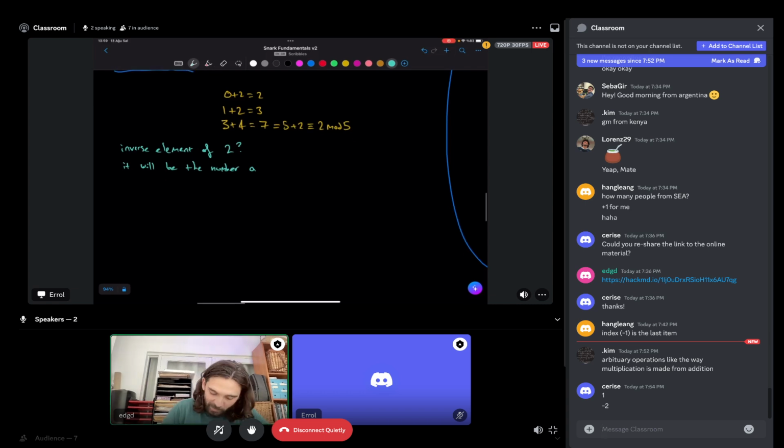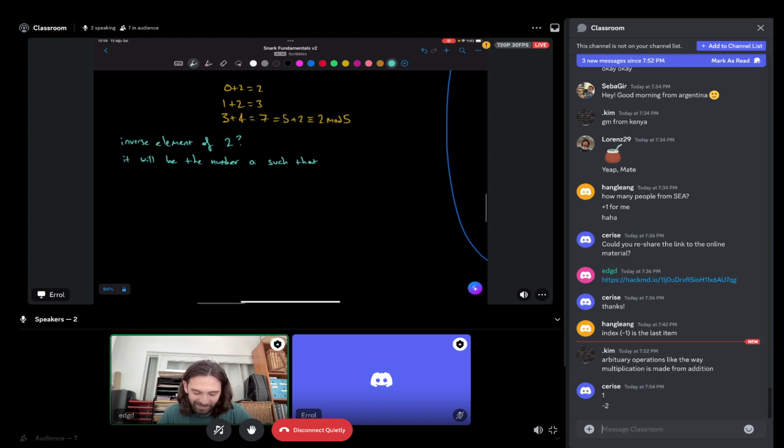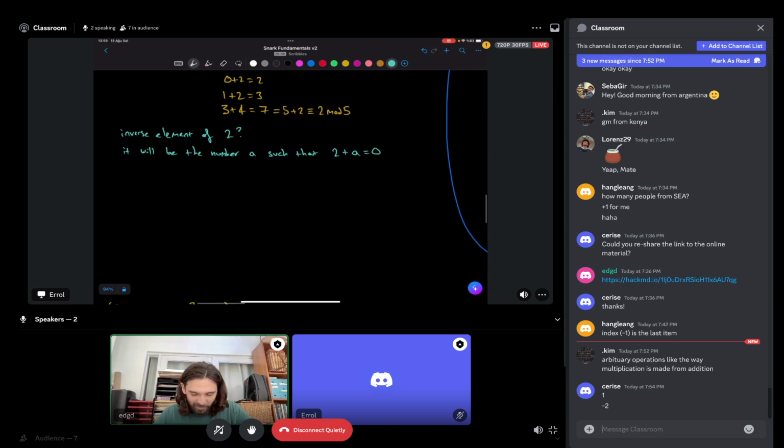It will be the number A such that, and this little phrase "such that" we use tons in mathematics to specify some requirement, 2 plus A equals 0. So we're looking for the number that satisfies that property. And as Sarisa noted in the chat, this is going to be the number minus 2, because 2 plus minus 2 is 0.